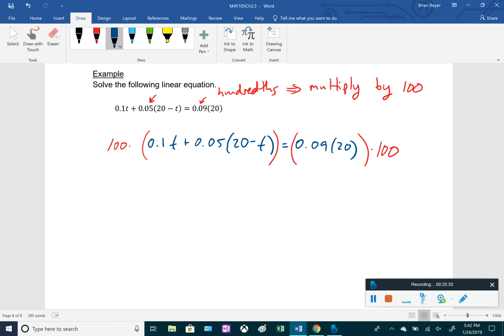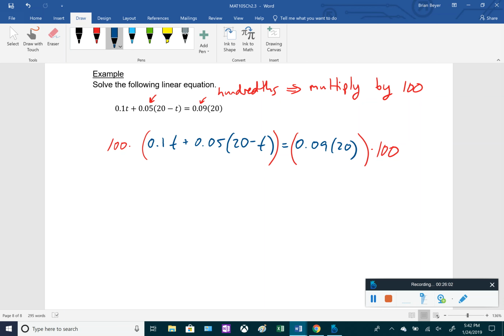On the left-hand side, we have to distribute, right? We have to distribute the 100 to both terms. 0.1 times 100: just remember when we're multiplying by a power of 10, we just move the decimal to the right, however many zeros are in that power of 10. So 100 has 2 zeros, which means we move the decimal over 2 places for 0.1.